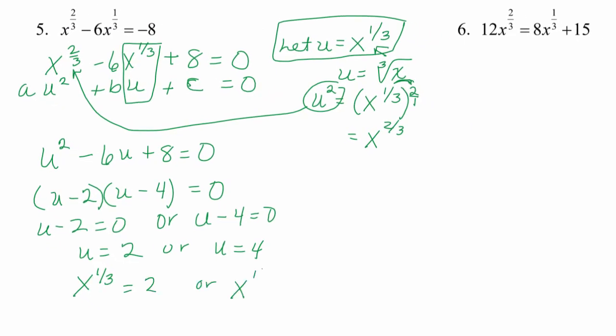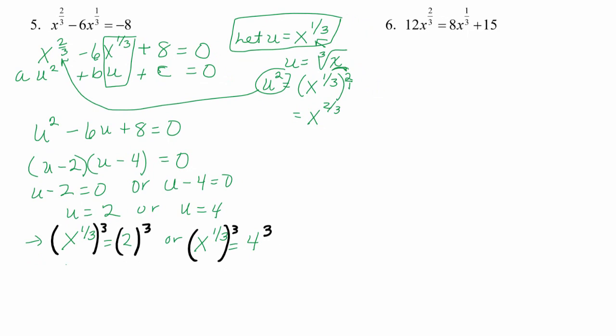Okay. So I'm going to replace that back in for the u. And how do we solve these cube root problems? Well, we do the opposite operation. So the opposite of taking a cube root is to cube both sides. So we're going to go ahead and cube both sides of this equation so that we can solve for x.